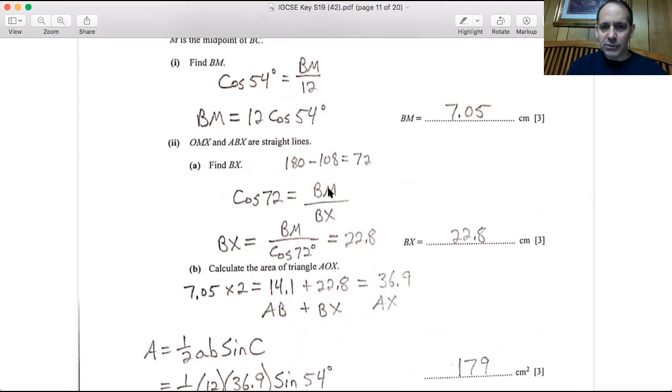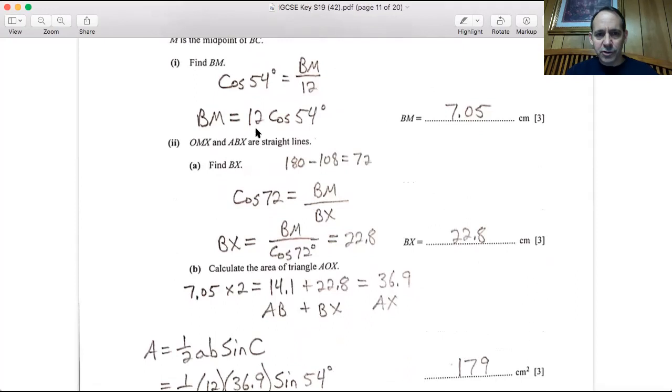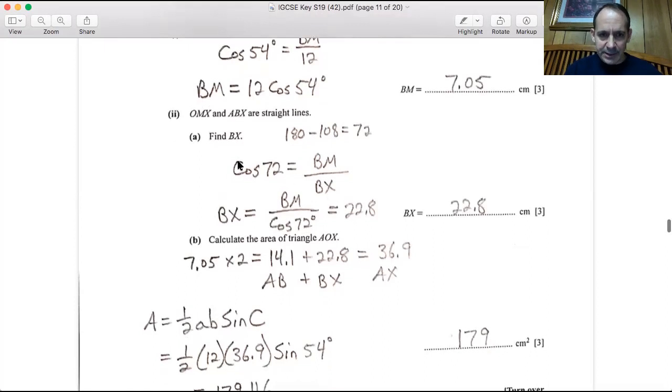You don't want the rounded value because it might throw off your 3 significant figures. So use 12 cosine of 54 over BX equals cosine of 72. Multiply the BX over to here and divide by the cosine of 72. So rearrange your BX so it's over here. Divide by the cosine of 72. Take 12 cosine of 54 divided by cosine of 72.